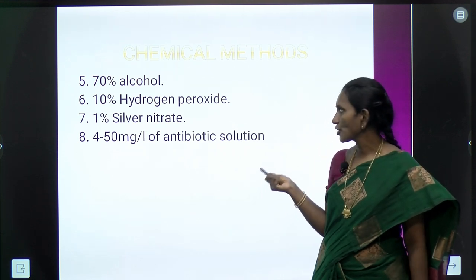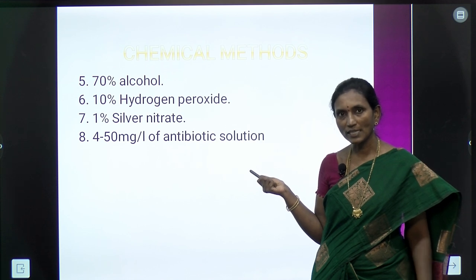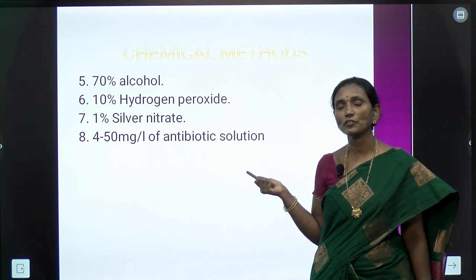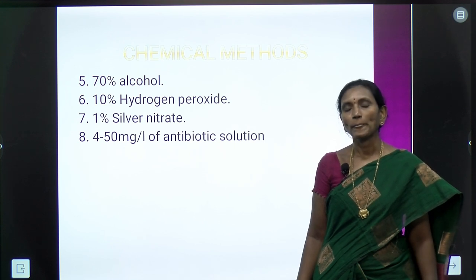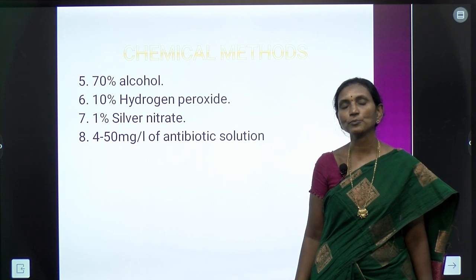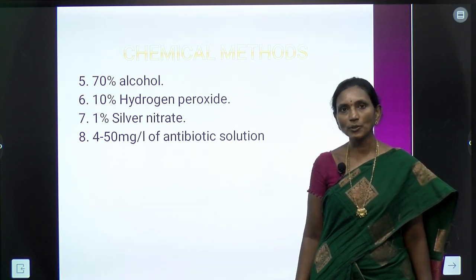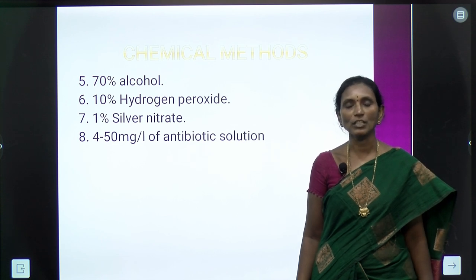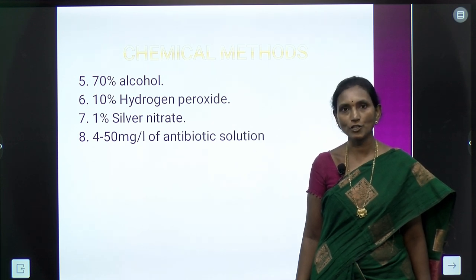After successful sterilization only, we have to sterilize the nutrient medium, the explants, the inoculating instruments, the culture rooms, the incubation rooms, etc. Then only the plant tissue culture will be successful. Therefore, sterilization is a very important aspect in plant tissue culture.